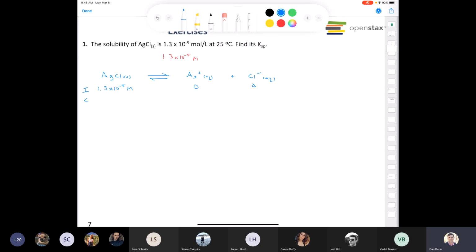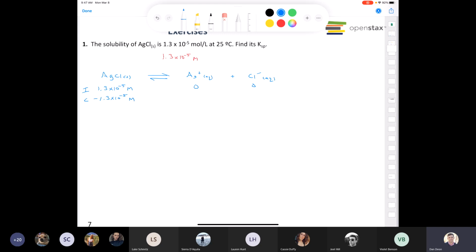Now, it tells us that the solubility of silver chloride is this. It's a really low number, right? 1.3 times 10 to the minus 5 moles per liter isn't a whole heck of a lot. So it tells you that this much silver chloride can dissolve in a liter of water at 25 degrees Celsius. So that means all of this, 1.3 times 10 to the negative 5 molar, is going to dissolve.